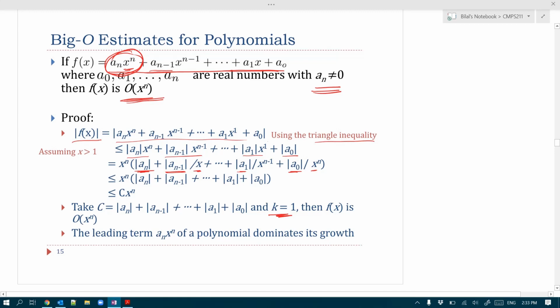So we can bound them. So we can show that this polynomial here is less than or equal to x to the power n multiplied by the coefficients alone, without them being multiplied by 1 over x to the power i. Once again, because when x is strictly greater than 1, 1 over x is strictly less than 1.